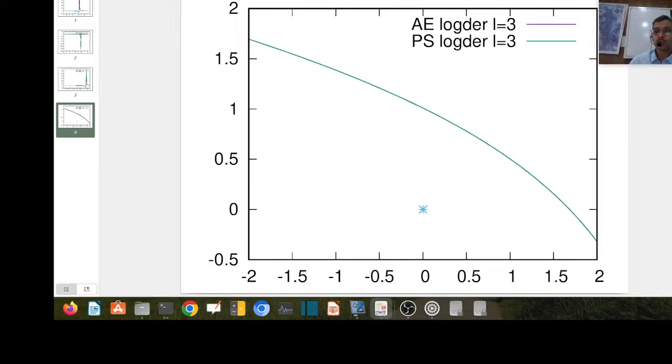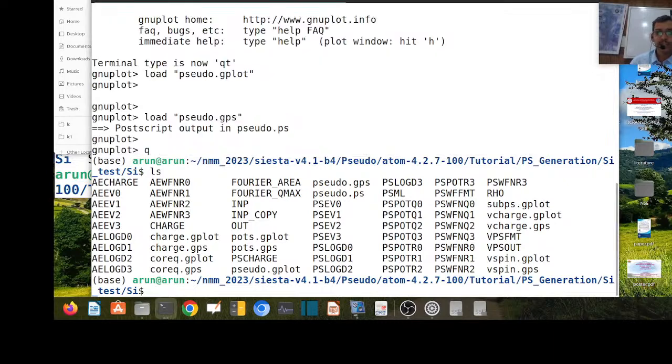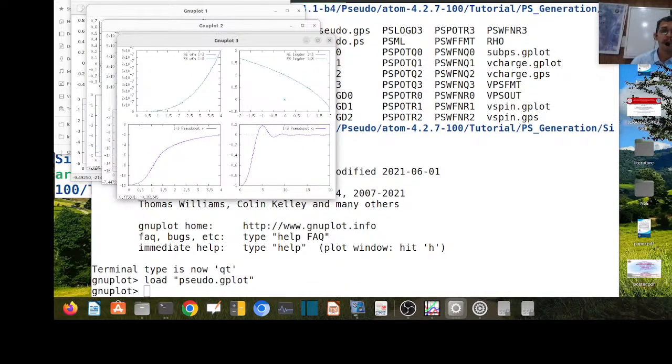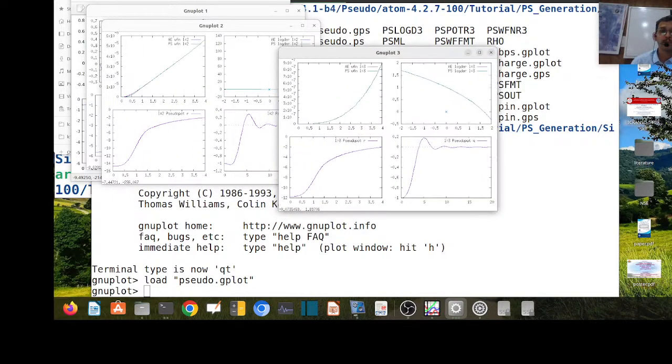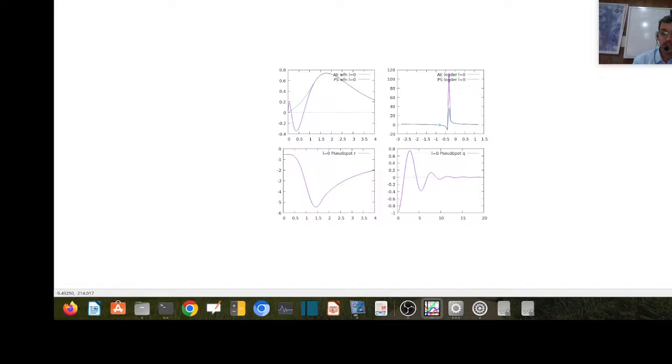Okay, it's not opening, but rather than this, it is better if I use gnuplot, load sudo.gplot. This is for 0, this is 1, this is 2, and this is 3. Let us try to understand this file first of all.